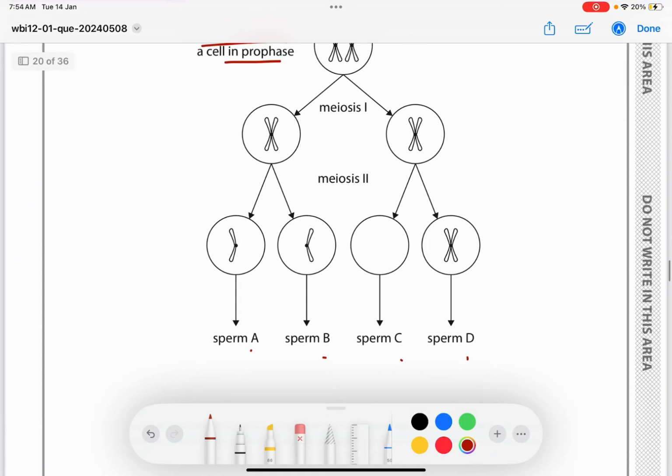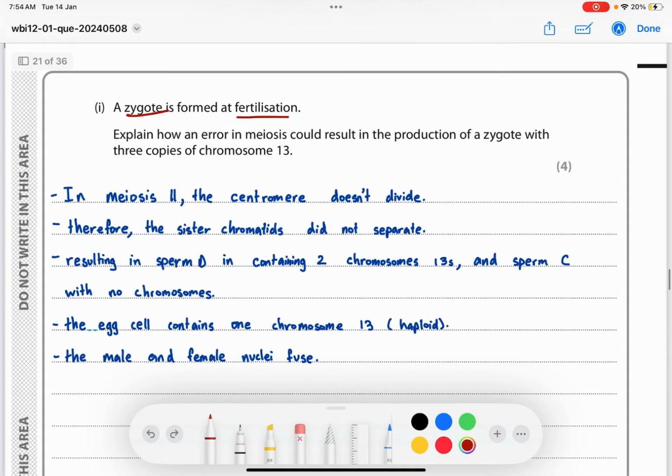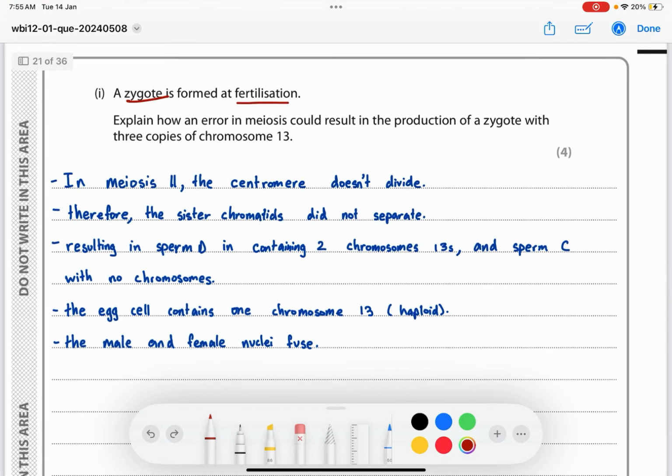As we can see right over here, the centromere in this one did not divide. Therefore, the sister chromatids did not separate, resulting in sperm D containing 2 chromosome 13s, and sperm C with none of the chromosome 13s. Therefore, the egg cell contains 1 chromosome 13 since it is haploid.